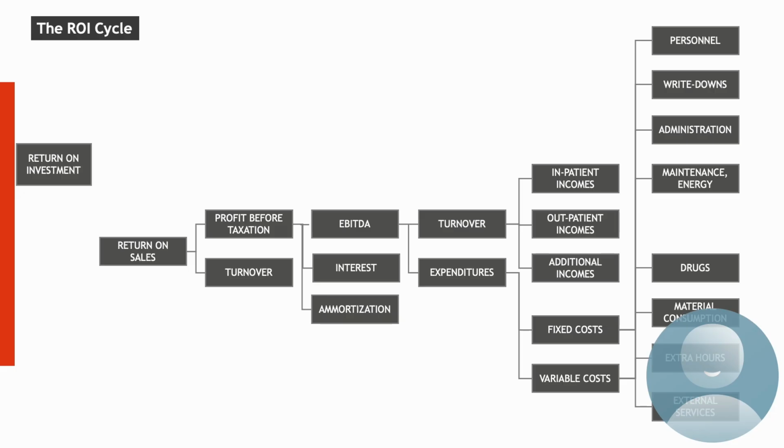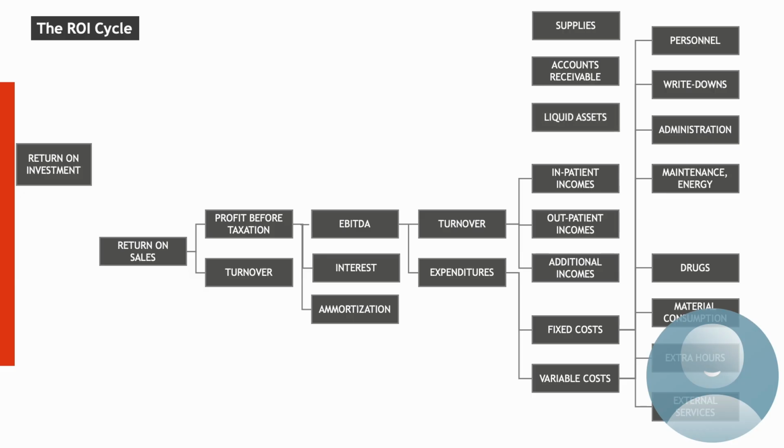Okay? Now let us look at, on the top, there are some balance sheet items, right? Now you have supplies, inventory, you have accounts receivables, either from the insurance companies or from patients that have credits with you. You have a lot of liquid assets in the form of liquid inventory, in the form of cash. And all of this together form what is known as the circulating capital or the working capital, right?